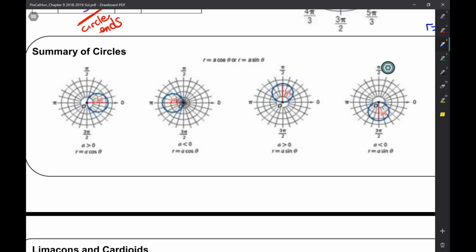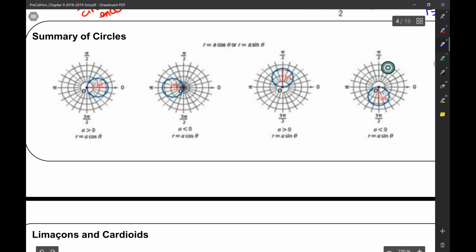All right, questions? So anytime you have a sine theta or cosine theta, you're going to get a circle. And it's up to you to know whether the circle is going to be along the horizontal or the vertical axis, and if it's going to be above, below, right, or left.